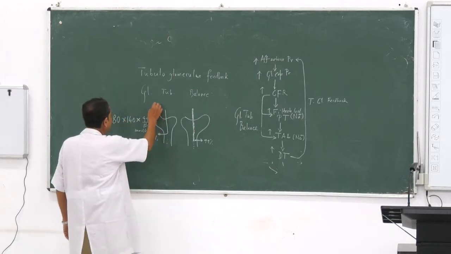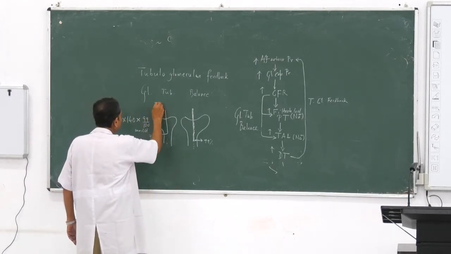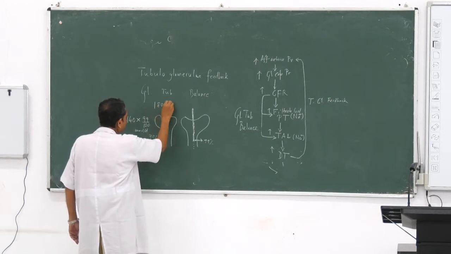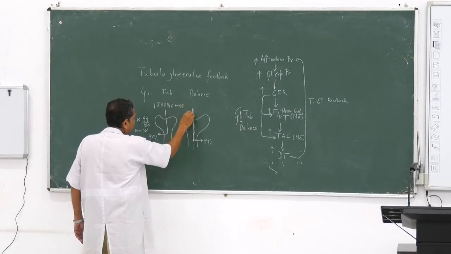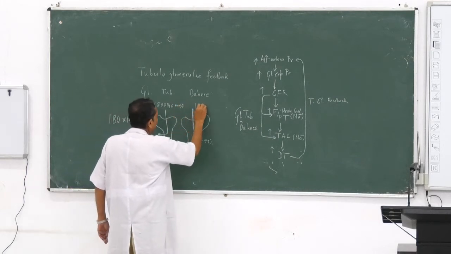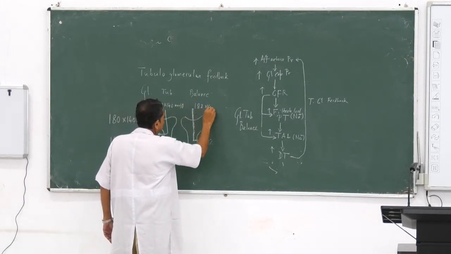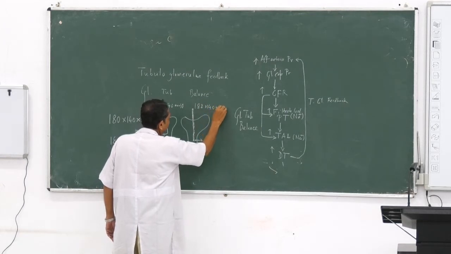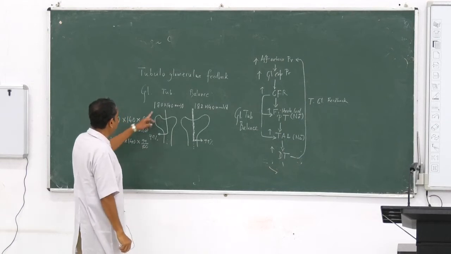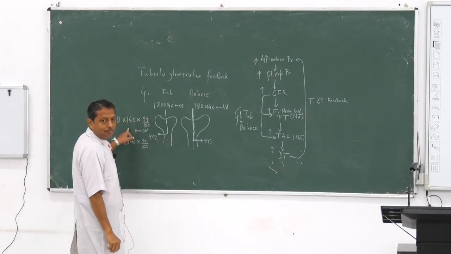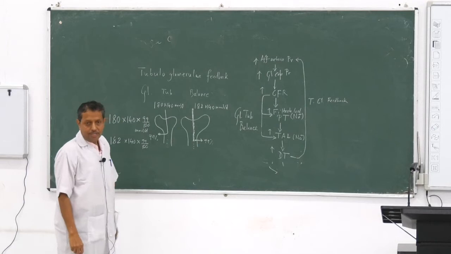The filtered load in this case is 180 into 140 millimole per day, and in this case 182 into 140 millimole per day. So this minus this is UNa into V, that is eliminated.